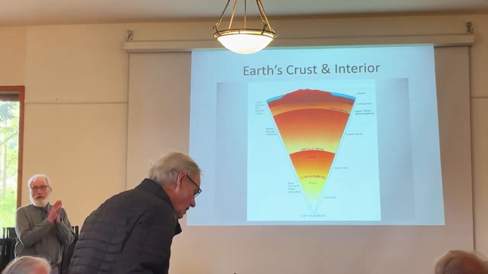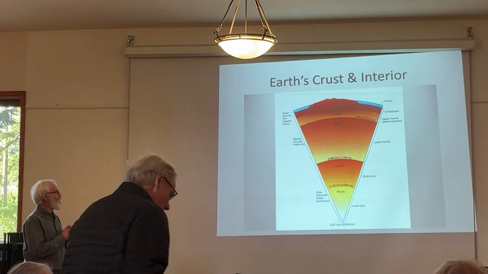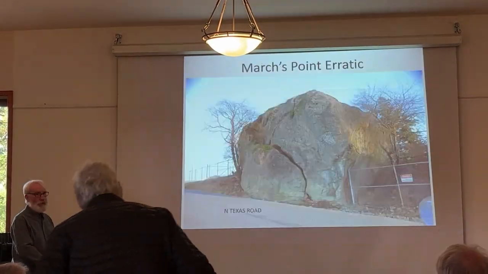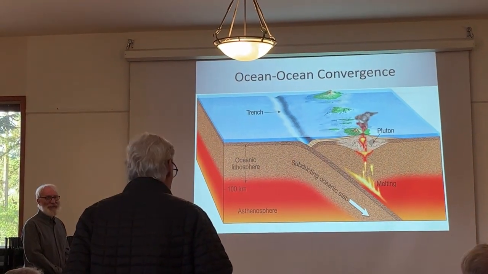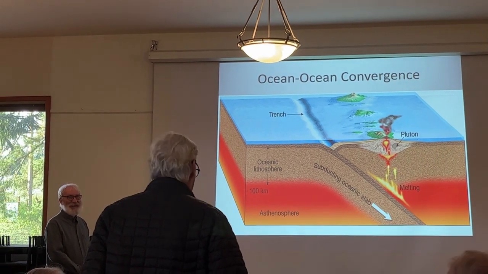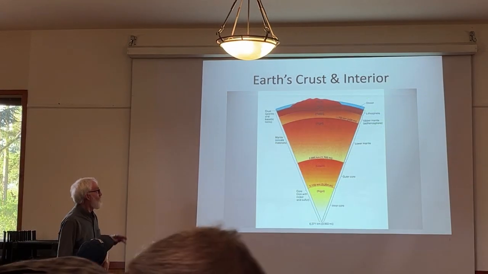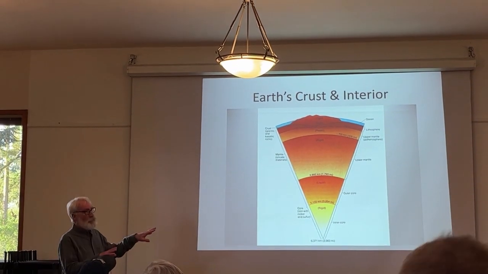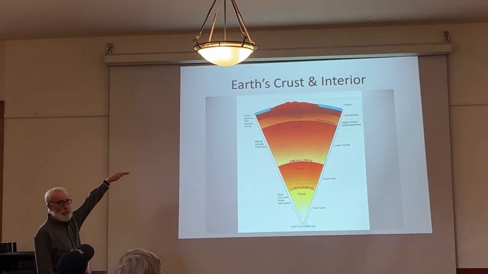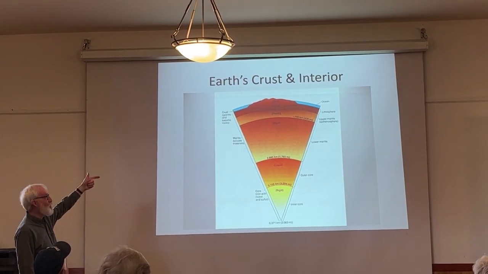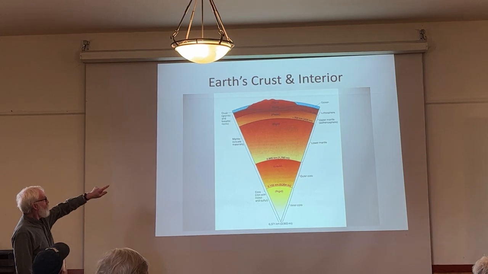So we'll start off with the slice through the earth. To know about plate tectonics, you have to know about the upper crust. There's a continental crust and there's an oceanic crust.